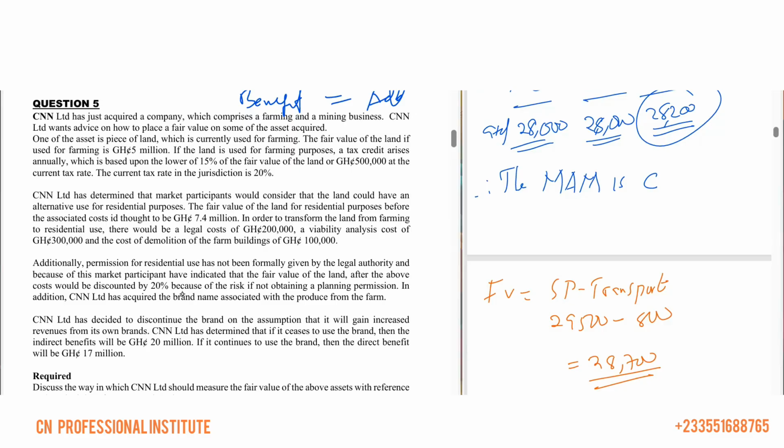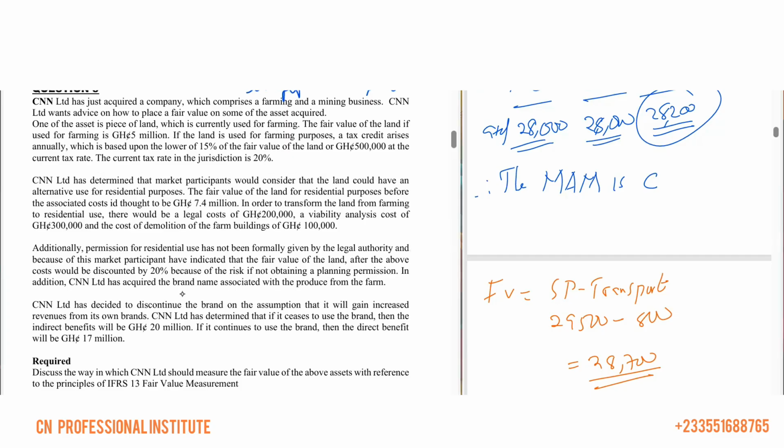So in the next video, we're going to solve question 5, and then another question on the highest and best use, and then we'll wrap up IFRS 13 with the valuation techniques, and then we are going to look at the fair value hierarchy. We'll look at the valuation techniques and then the inputs to the valuation techniques.